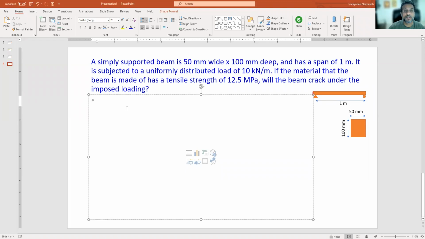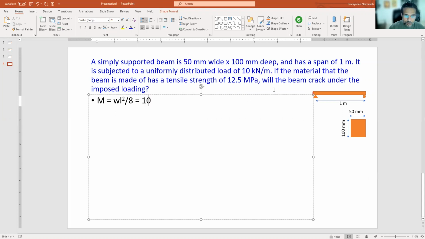But I would advise you to know the equations for bending moments and shear forces for simple loading cases. This is a uniformly distributed loading case. It's a simply supported beam. You should be able to write M as WL square over 8, where L is the span, W is the load per unit length, which is given as 10 kilonewton per meter.